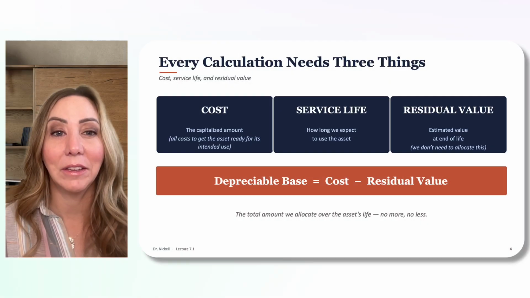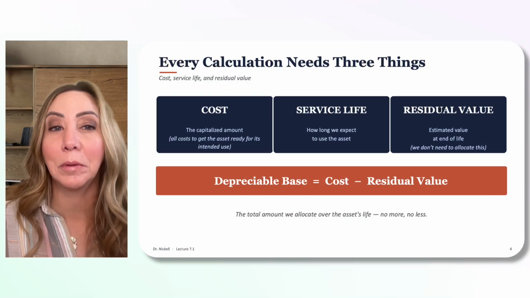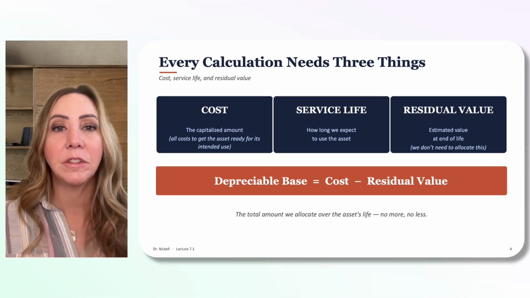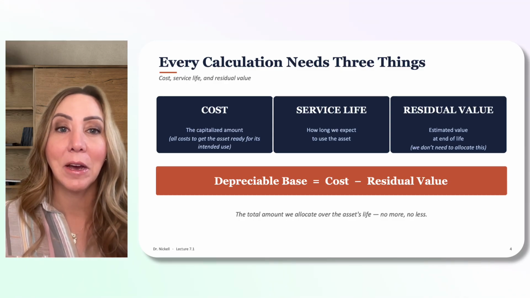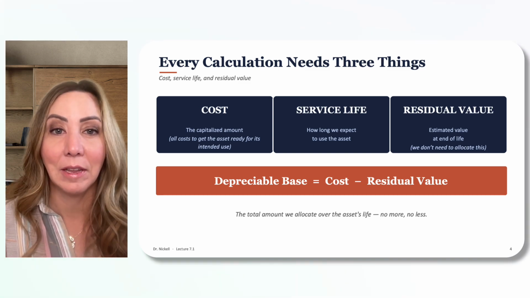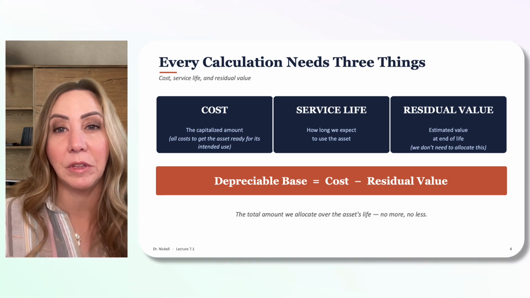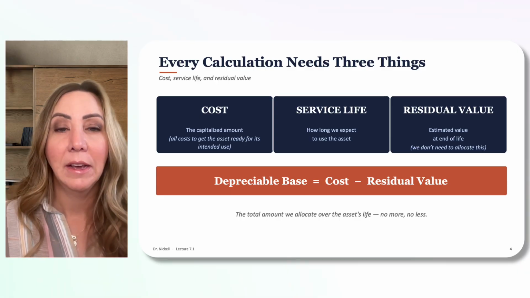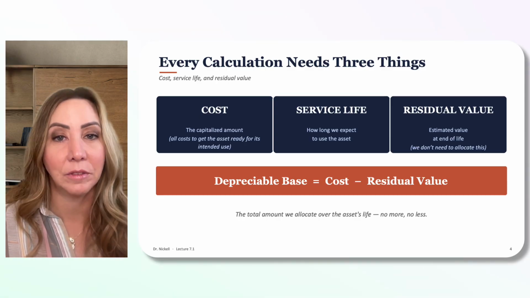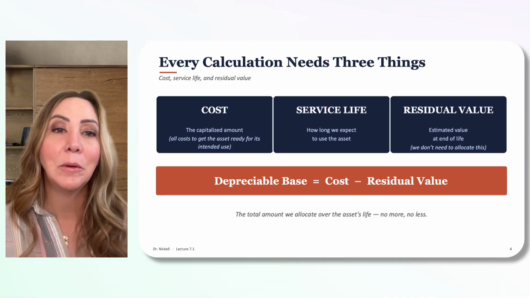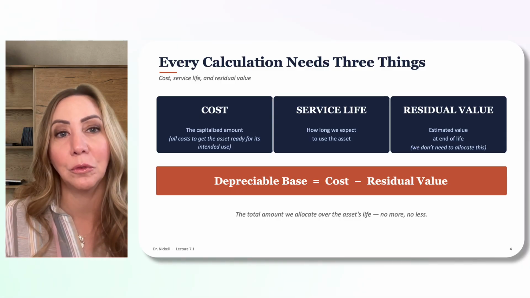Every allocation calculation, whether we call it depreciation, depletion, or amortization, needs the same 3 ingredients. First, the asset's cost, the capitalized amount we worked so hard to determine. Second, an estimate of the service life, or how long we expect to use the asset, measured in years, or sometimes even in units of output. And third, an estimate of its residual value, also called salvage value, what we expect the asset to be worth at the very end of its useful life.